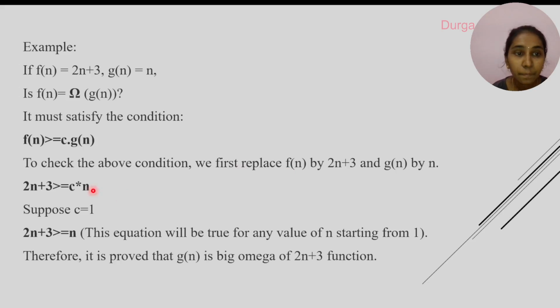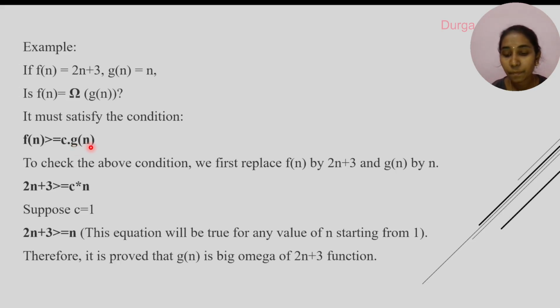So if we take c value equals 1 and n value equals 1, this condition is true. 2 plus 3 is 5. 5 greater than or equals to 1. Is it true? Yes, definitely it is true. So by this we can conclude f of n is greater than or equals to c dot g of n.